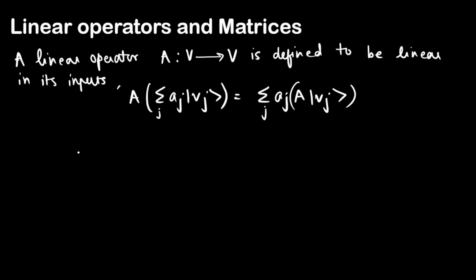Now every linear operator has a matrix representation, that is A can be represented in its matrix form A_ij.